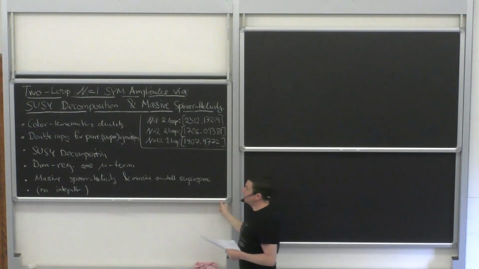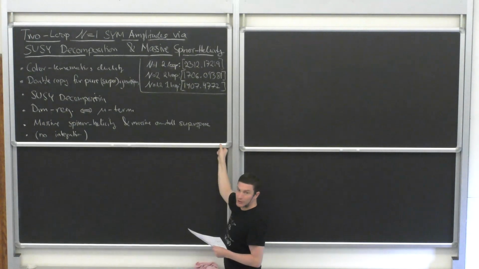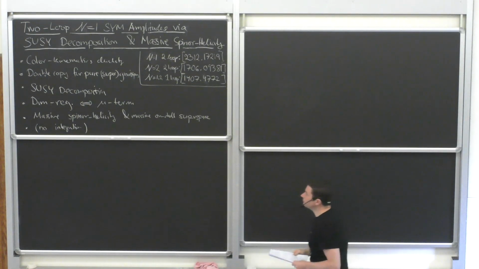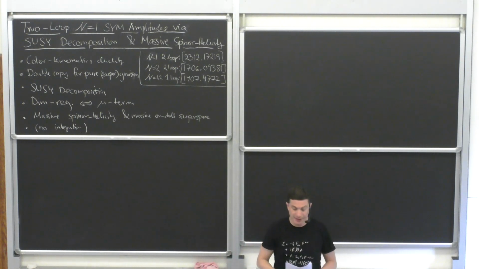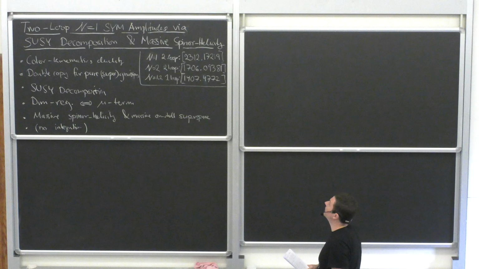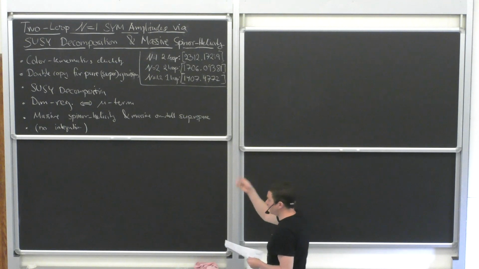All right, so that's what I'm going to try to cover. And they're all connected in that we're trying to solve this problem of finding two-loop amplitudes, and we're led through all of this.